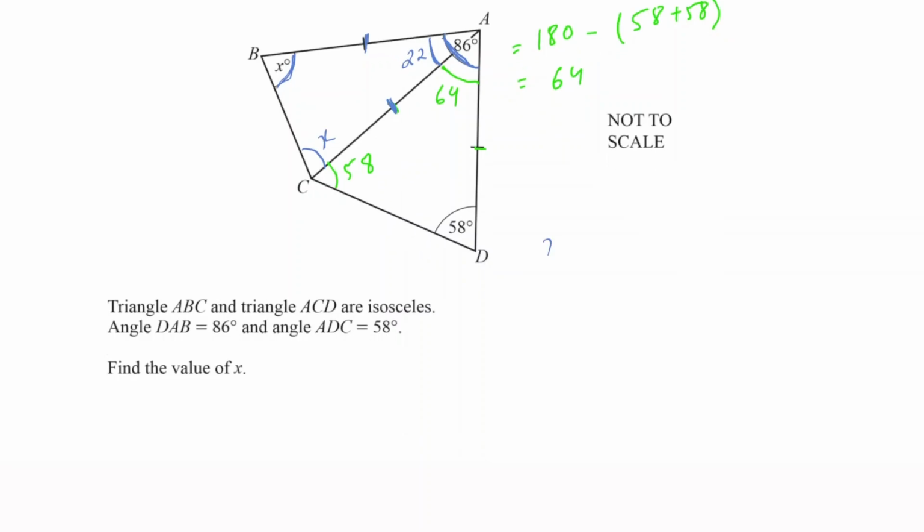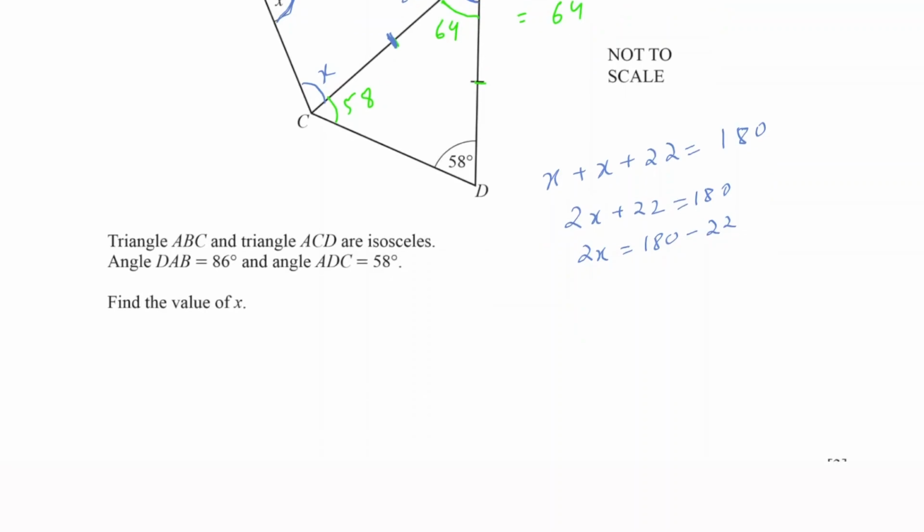So either you can write x plus x plus 22 should be equal to 180, because of the angle sum property of a triangle, which says all three angles sum to 180. So we can write 2x plus 22 equals 180, or we can even write (180 minus 22) divided by 2. That one will also work. I'm just solving it algebraically.